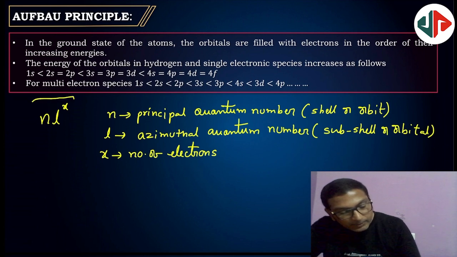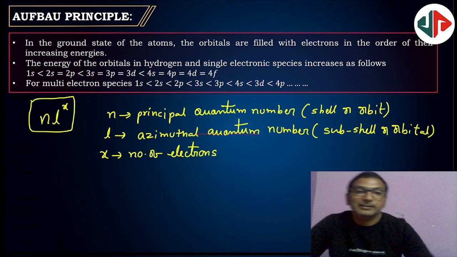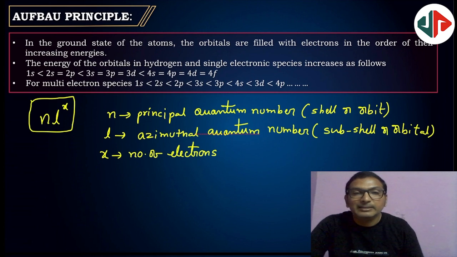This is general form of electronic configuration, n L power x. n gives information about orbit or shell. L gives information about subshell or orbital. x gives information about number of electrons present in that subshell or orbital.